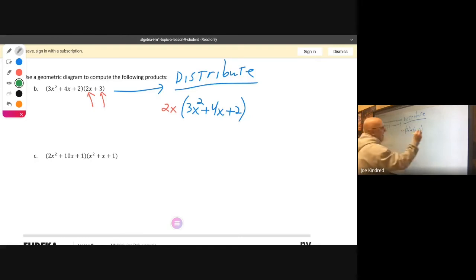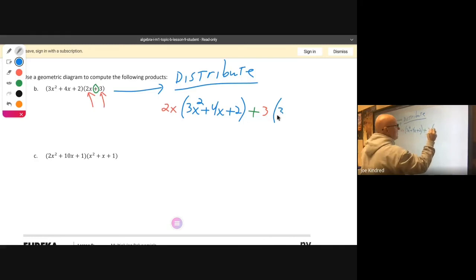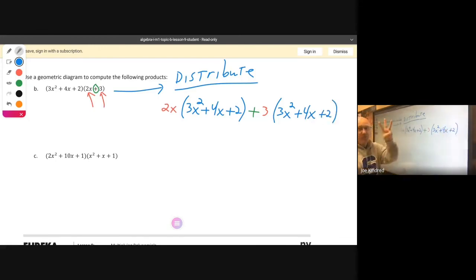And I'm going to add the 3 times the same quantity. And again, we should get the same answer. We already know the answer, and we've had it verified in the 2 previous examples. We're doing the same problem 3 different ways. So let's distribute.